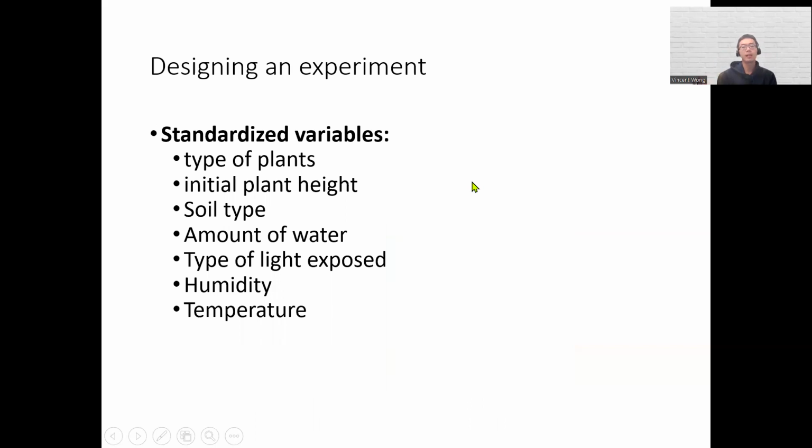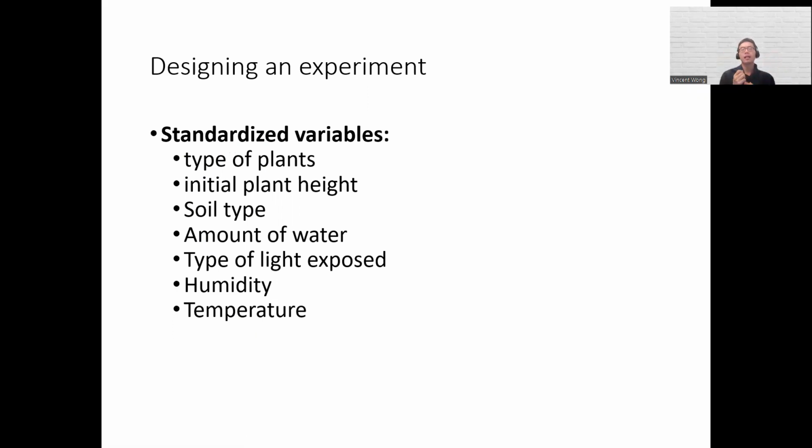You want those plants to have the same starting height potentially. The soil type should be the same, amount of water, type of light exposed. Are they both sunlight, or are you using one of those indoor greenhouse lights? Humidity, temperature, all of these things should be standardized. All these things could have changed, but we are standardizing it. We're making it the same for our experiment.